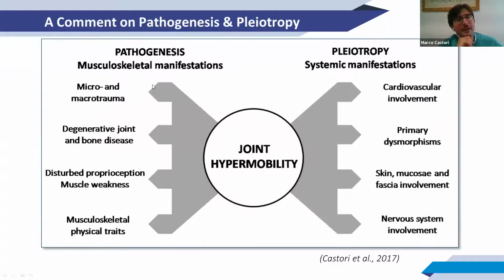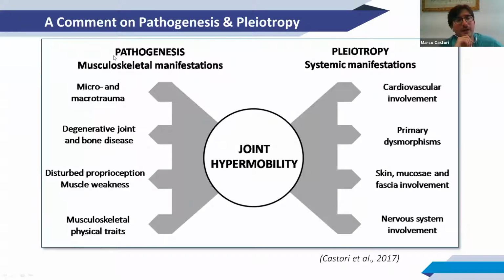When we think of joint hypermobility as a phenomenon of clinical relevance, we should have clear in our minds the differences between pathogenesis and pleiotropy.